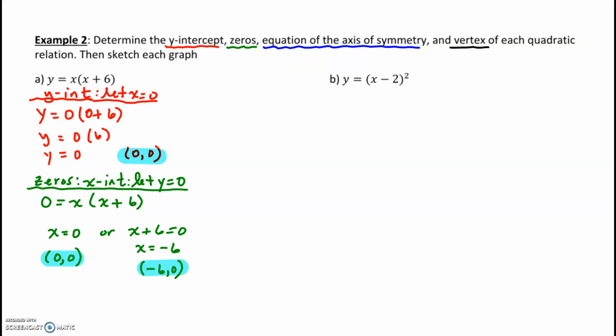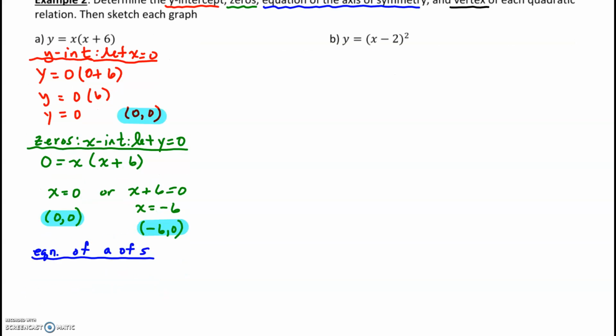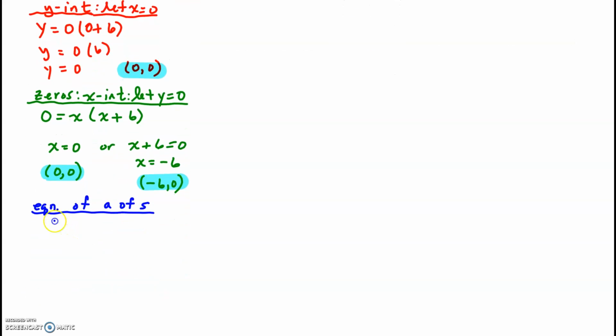Now we are on the equation of the axis of symmetry. So I'm going to use short form. EQN is short form for equation, and A of S is short form for axis of symmetry. To find the equation of the axis of symmetry, we use our formula. H equals R plus S divided by 2.